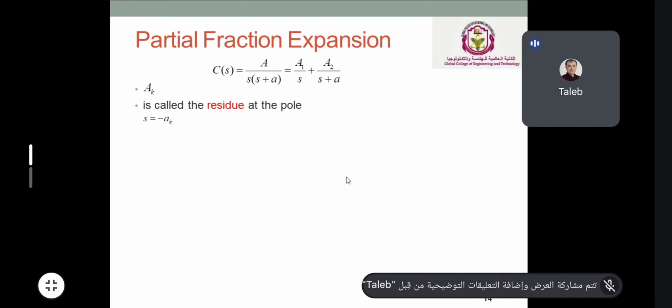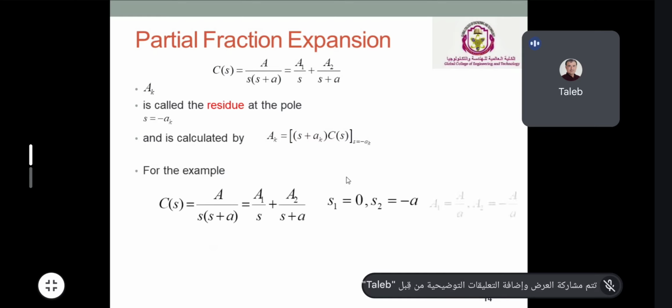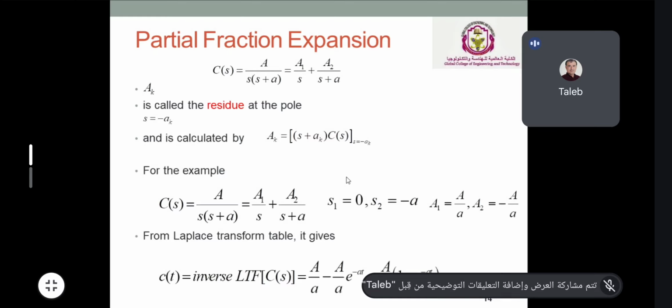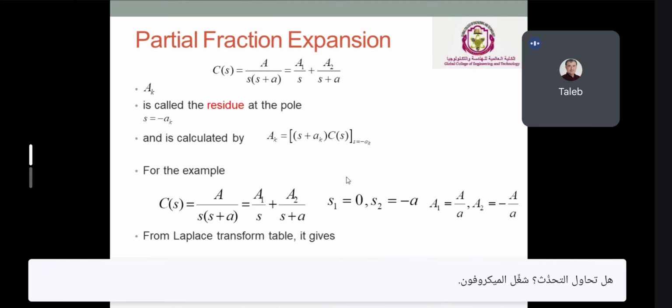Okay, so here we have the residue, the fractional split technique, and we find the roots of the denominators, and then we find the residues. This is mathematical, but as I mentioned, no need for this step by step. You had it before in engineering mathematics.